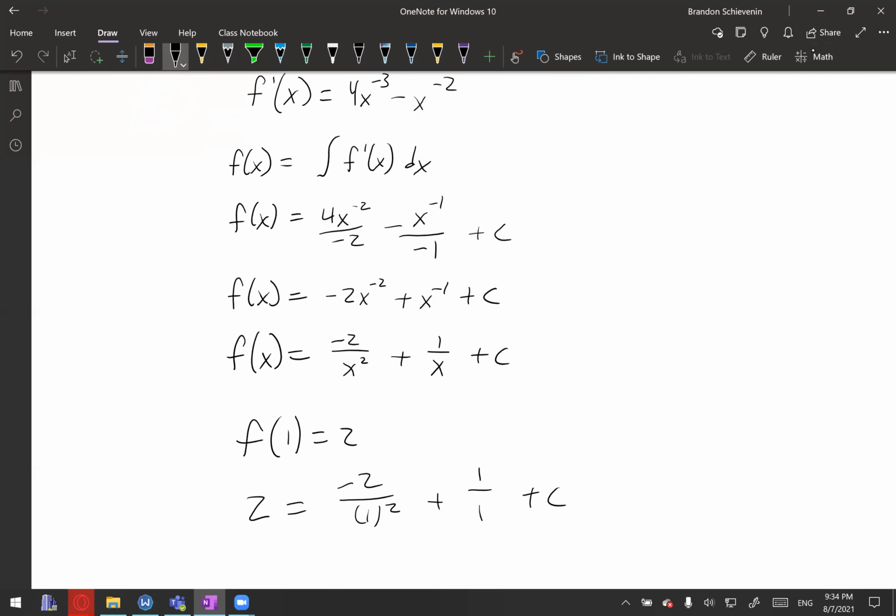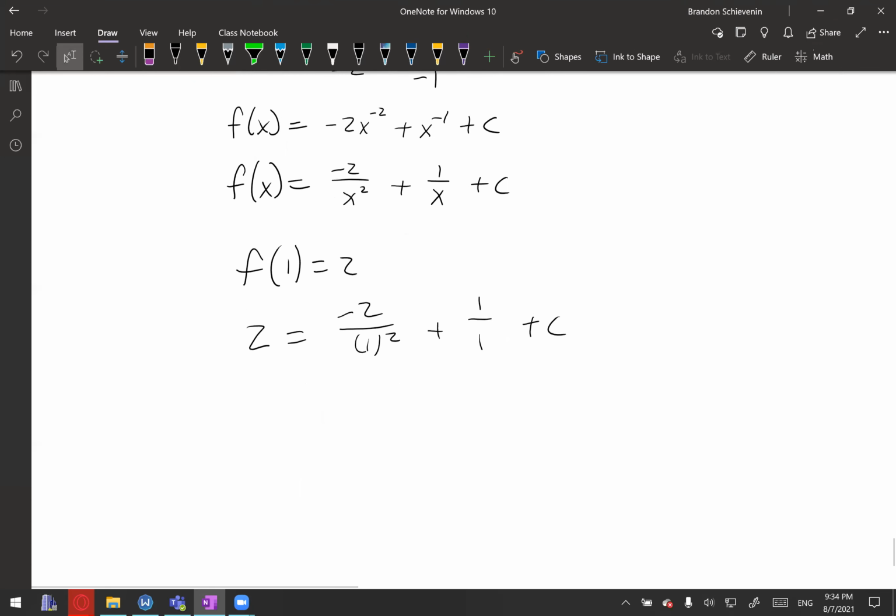So Nani, over to you. I need to solve for c. C is equal to 2 minus negative 2 over 1.